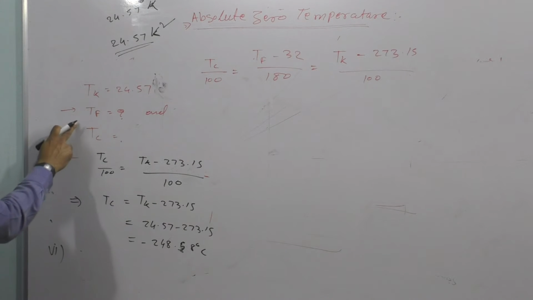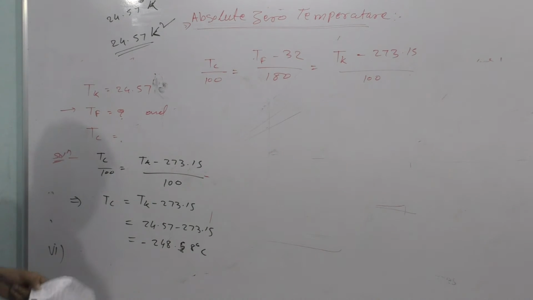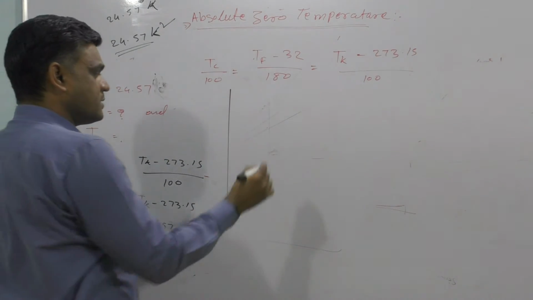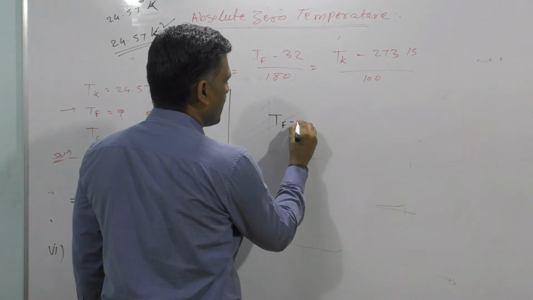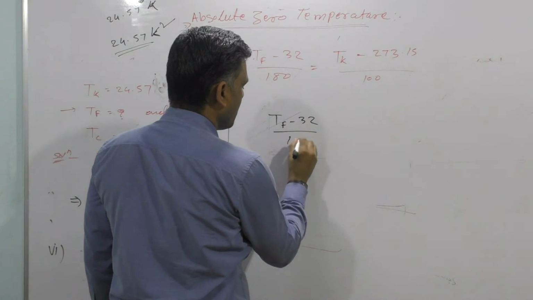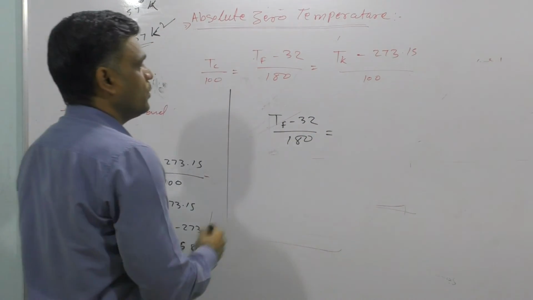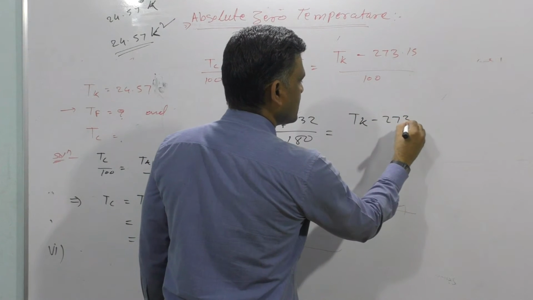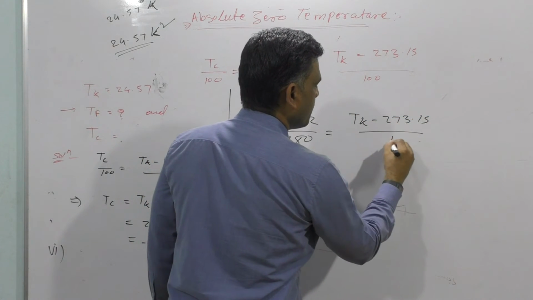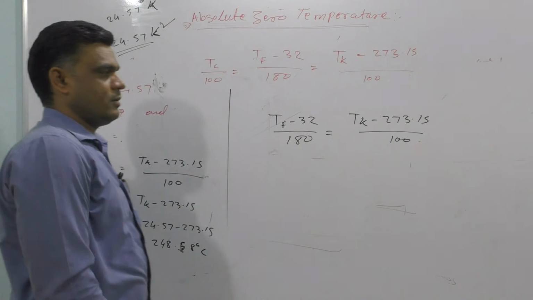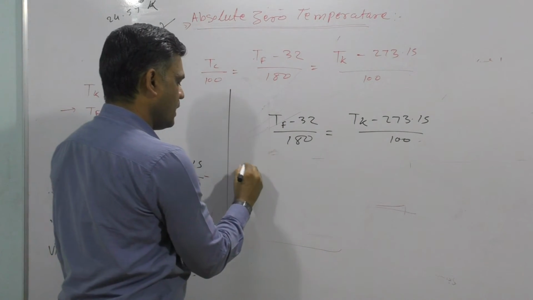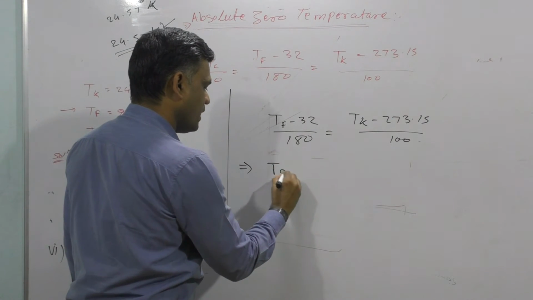Okay. Now the next task is conversion to Fahrenheit. So I compare another equation. (TF minus 32) divided by 180 is equal to (TK minus 273.15) divided by 100. Now the required value is TF, so I modify this equation for TF.